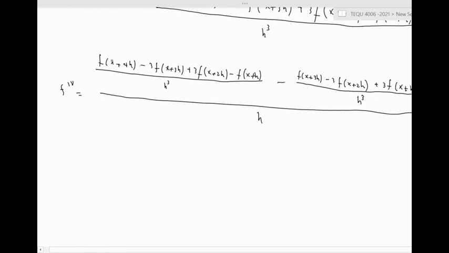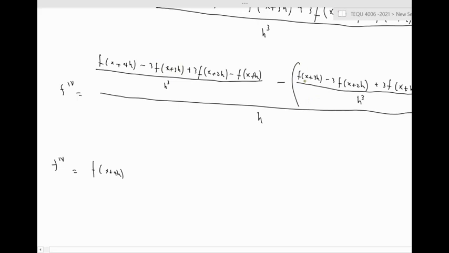Let's see. So I got the 4, so this fourth derivative is equal to f evaluated at x plus 4h. Now, I got a minus 3 here, a minus 3, x plus 3h, and there's a minus here. Remember, this has a parenthesis here just to be sure.